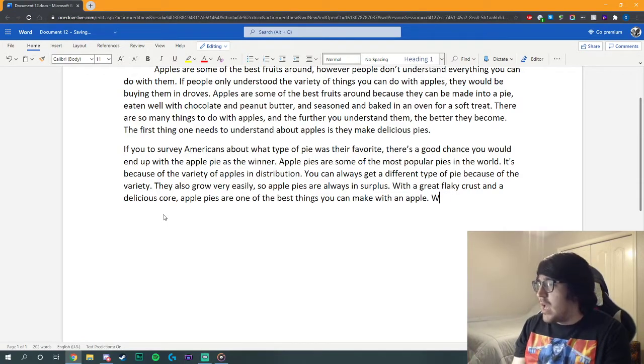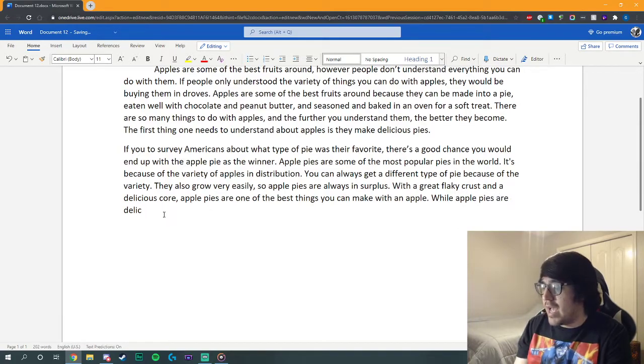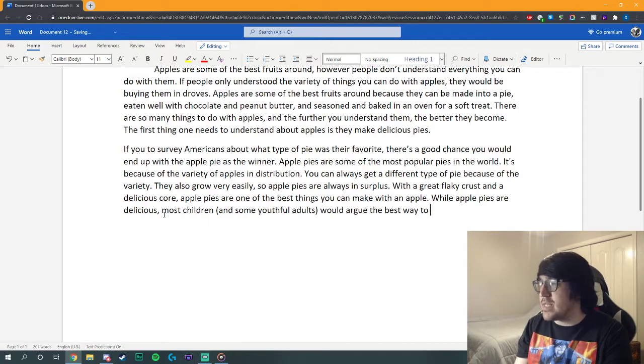So let's say, while apple pies are delicious, most children and some youthful adults would argue the best way to eat apples is to drench them in chocolate or cover them in peanut butter. Done.